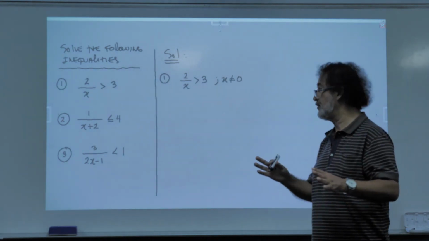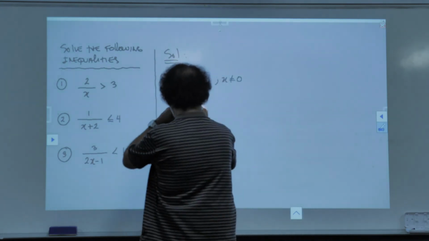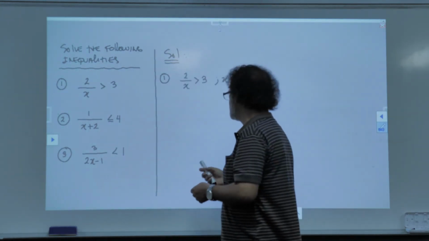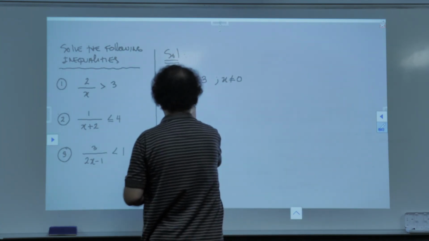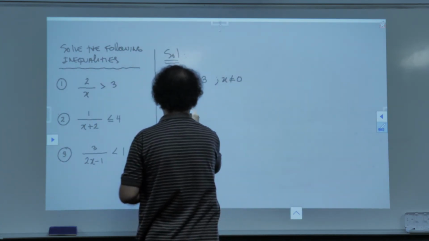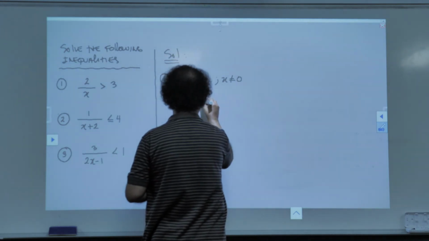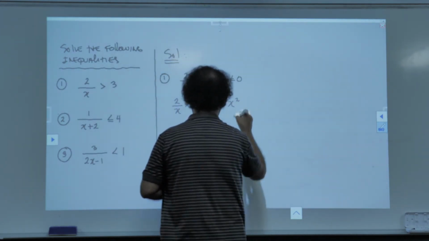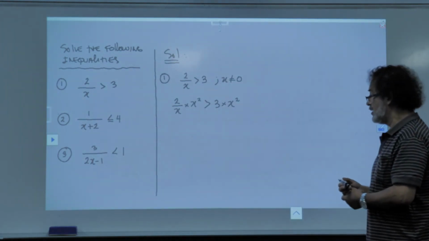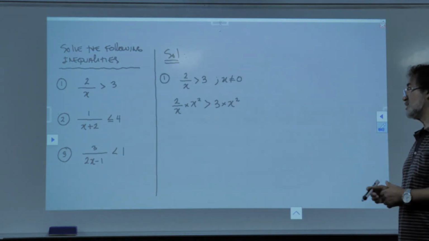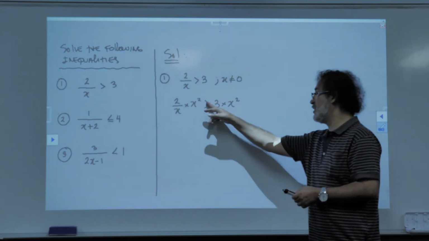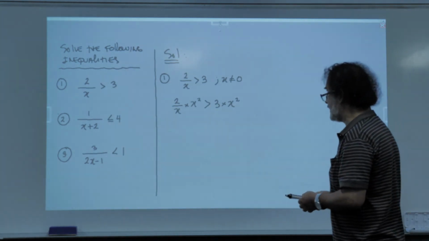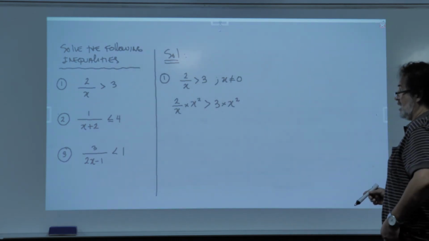I'm going to do all the steps, but later we're going to save some steps. So we say 2 over x multiplied by x squared is greater than 3 multiplied by x squared. That is good, because we don't need to worry about the inequality sign. We know that won't change anything, and it's all legal.